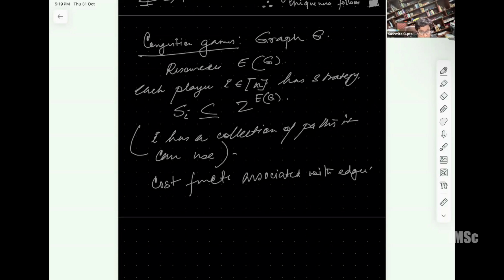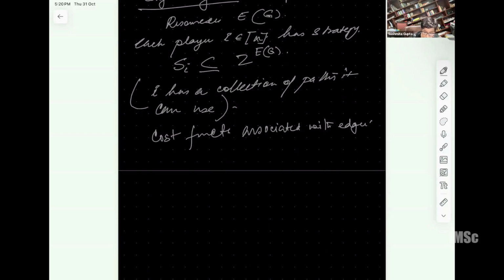Do you see any difference between what this is versus what we have been talking about? This here is basically a subset of edges. Previously, we were only considering some specific s_i to t_i paths.